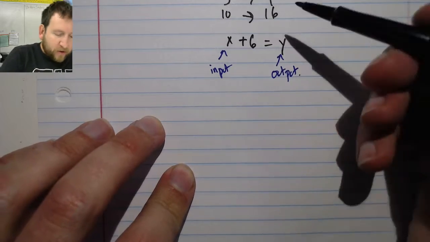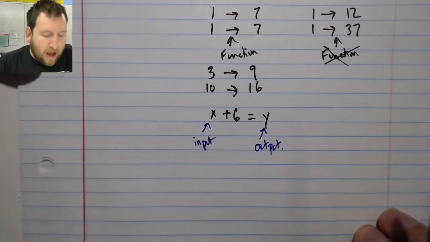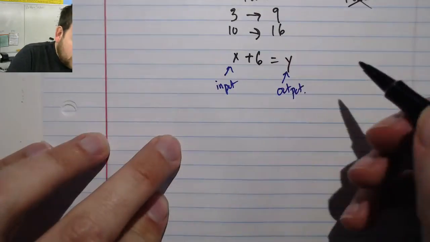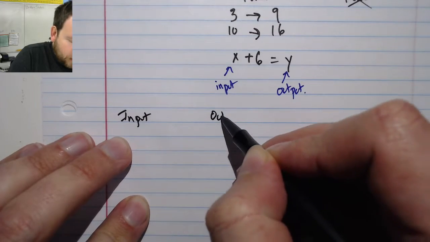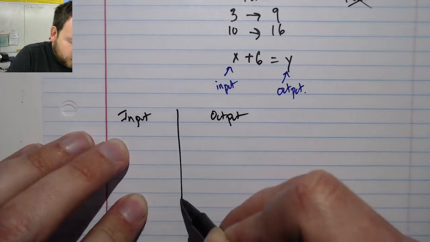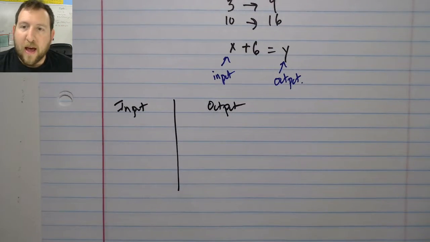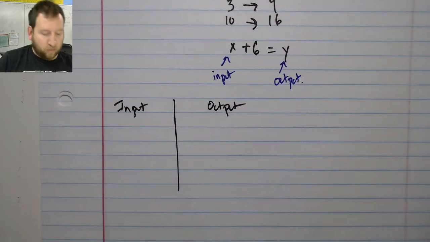Now, what I created up here, we can actually call an input-output table. It's going to look a little nicer when we turn it into a table. So let's take a look at what that might look like. Input, output. I'm going to use my little spots within these two columns. I can put a number in if I have a rule.